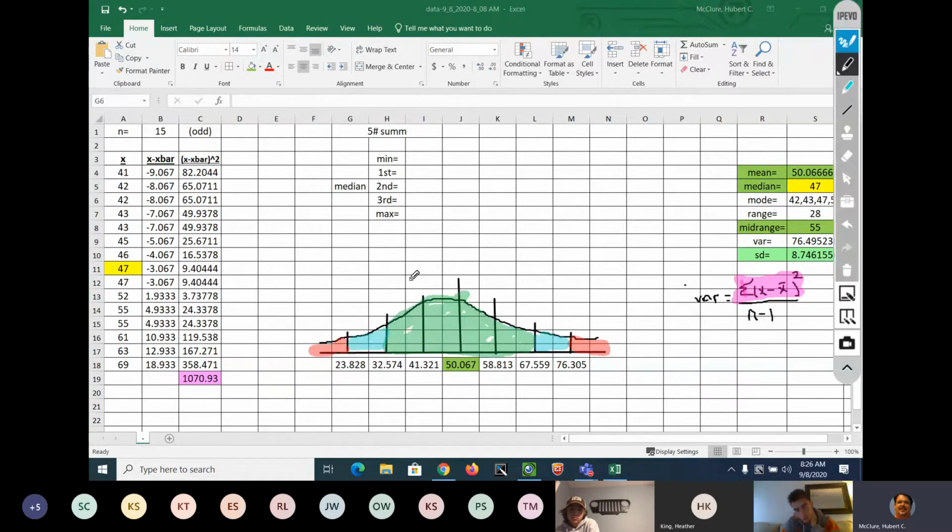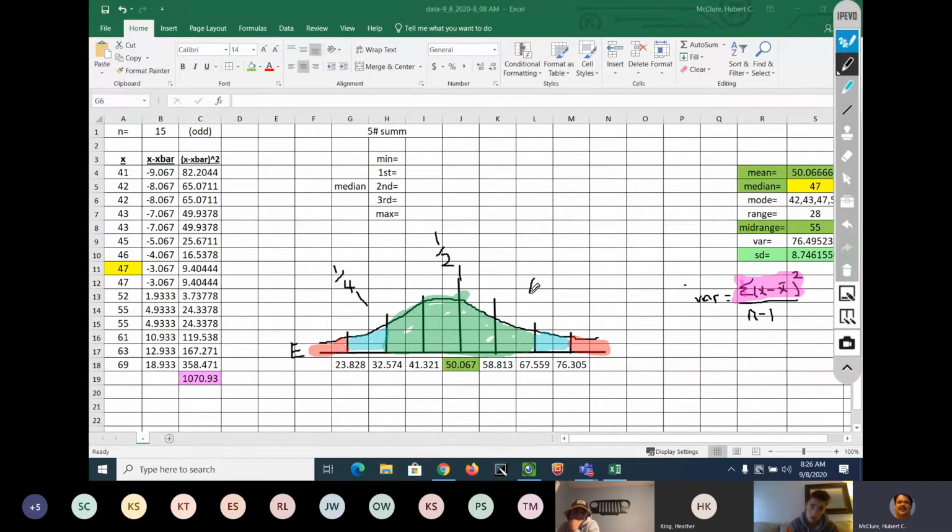You're supposed to read the curve like a fuel gauge. Okay, this is empty, which means 0%. This is a quarter, which means your first quartile. This is a half, which means at the median right there, that's a half.